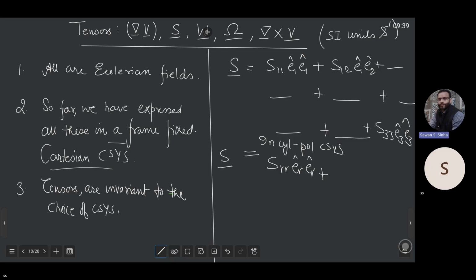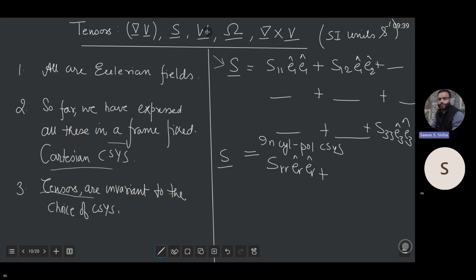But tensors themselves are invariant to the choice of coordinate system by very definition, right? So if I talk about the S tensor, in the frame fixed Cartesian coordinate system, it will look something like this. I have not written everything, but I hope you follow what I mean to write here.